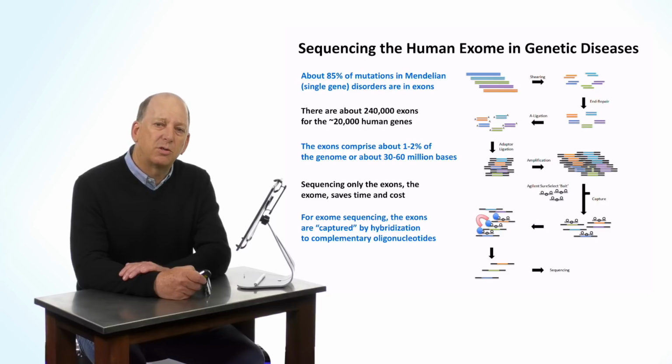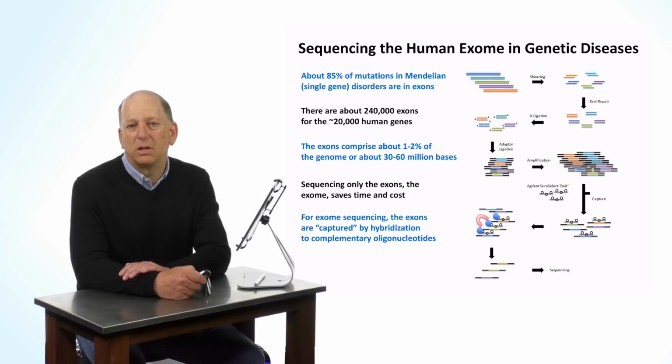PCR amplification is used to generate enough DNA for sequence analysis. The DNA is then hybridized with a large pool of oligonucleotides corresponding to the exon sequences. The oligos also have biotin. The biotin binds to streptavidin that has been stuck to the surface of magnetic beads. A magnet is then used to fish out the biotin-containing DNA, leaving the non-exon sequences behind.